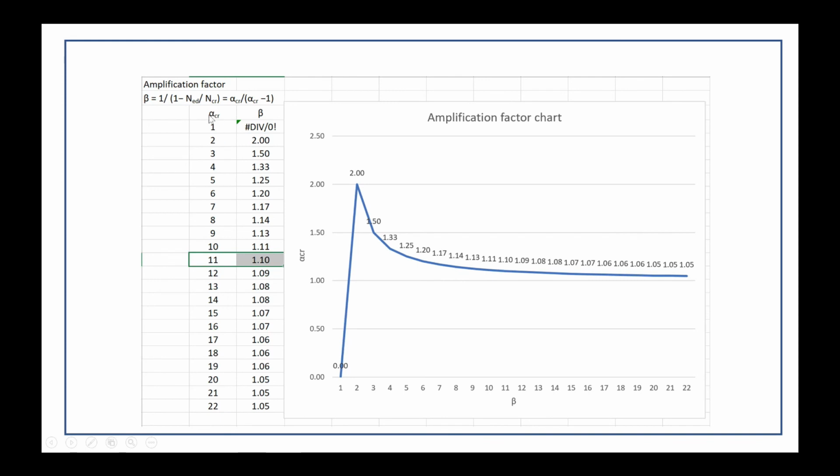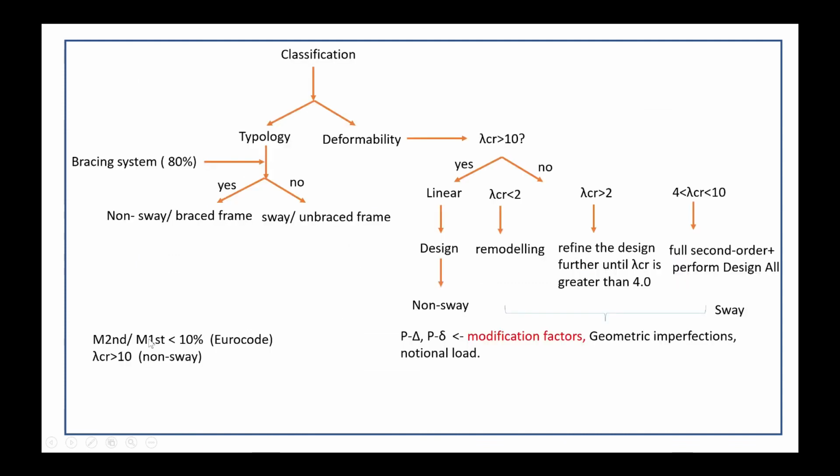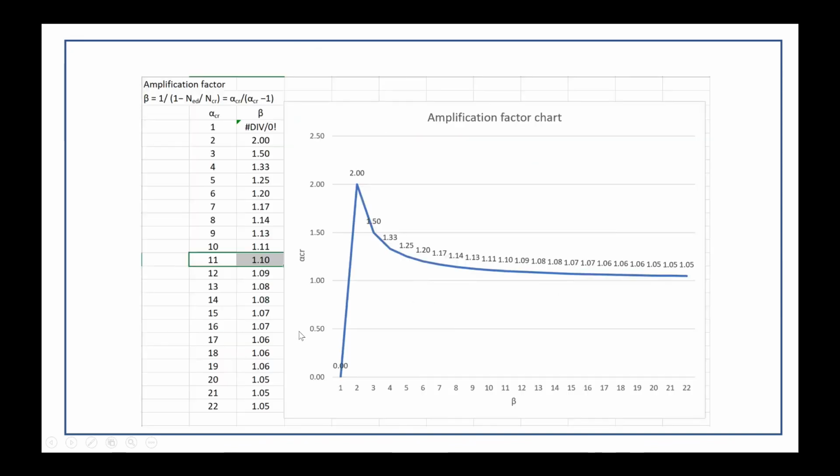Actually at the limit, alpha critical is equal to 11, so beta is equal to 1.10. What does 1.10 mean? This is to verify that the second order over first order is equal to or greater than 10%. Okay, 1.1.